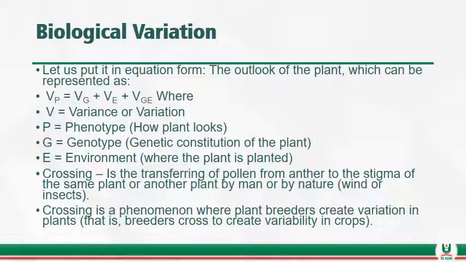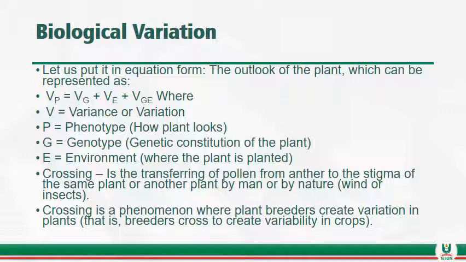We can talk about that mathematically in this simple formula here: VP equals VG plus VE plus VGE. The V here stands for the variance or variation, and the P here is for the phenotype. That's what you can see, the outward appearance of the plant.